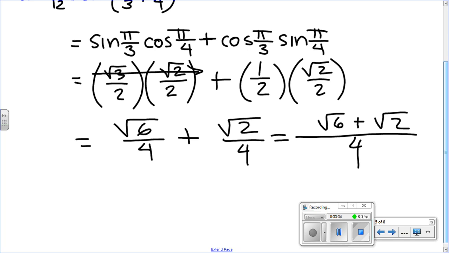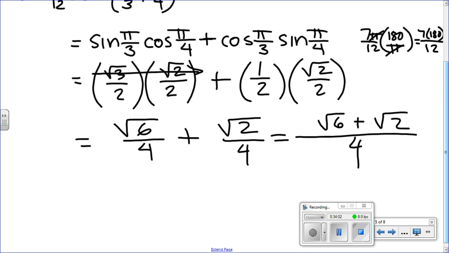What is 7 pi over 12 in degrees? It's somewhere around 270 or 260. Can someone compute that for me? You could use your calculator. Chris, you have your phone right there.